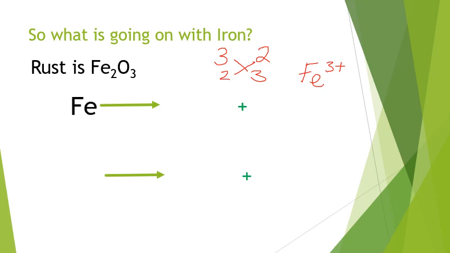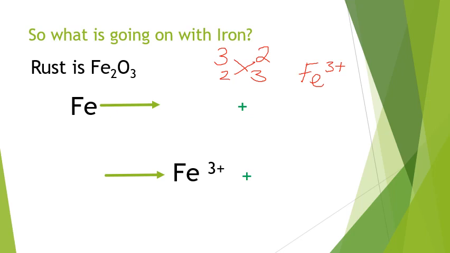Now, at the start, we've got iron, as explained. It rusts, and eventually it'll form Fe2O3, which contains Fe3+. Now, there are 2 equations, so therefore there are 2 steps to get there. So how do we get there?